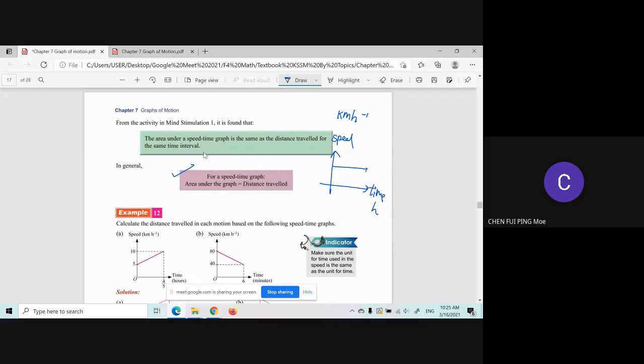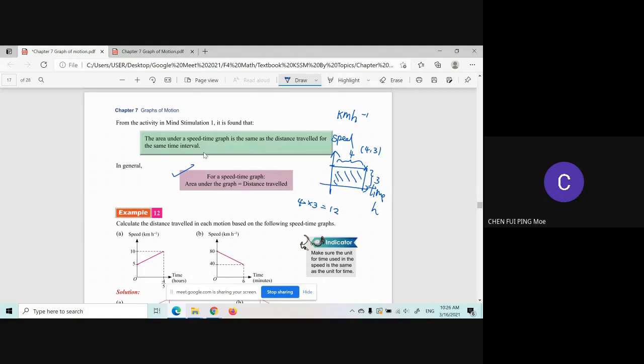So if I find the area under this one, let's say this point is 4, 3. Then how do I find the area for this one? You need to read the y, right? The y is 3, and x is 4. So I will do 4 times 3, right? Equals the area. So 4 times 3 equals 12.